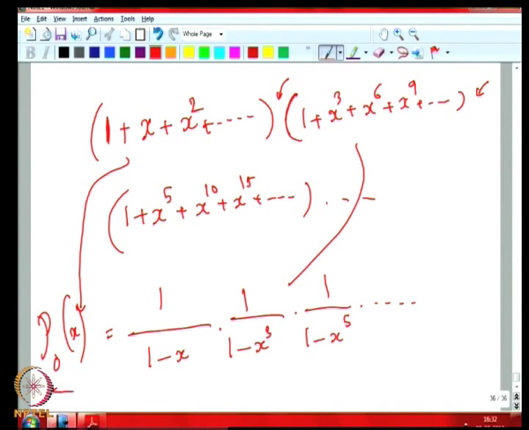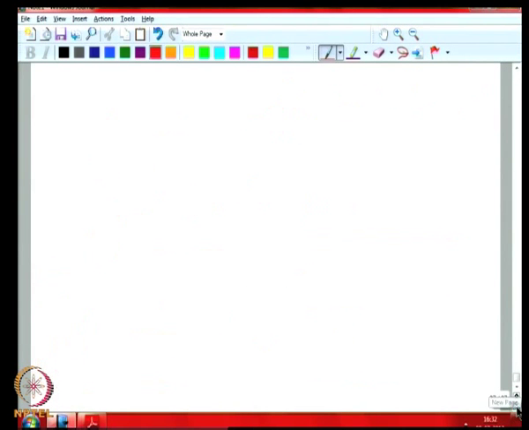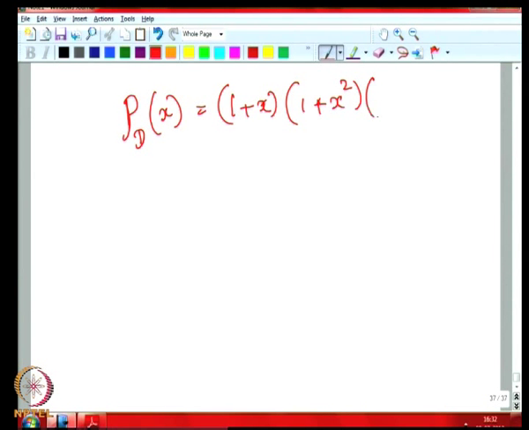This will be the generating function, say PO of x, will be like this. Now, we will show that this generating function is the same as the generating function for PD of n. So, you remember the generating function for PD was 1 plus x into 1 plus x square into 1 plus x cube into so on, right. But 1 plus x can be written as 1 minus x square by 1 minus x.